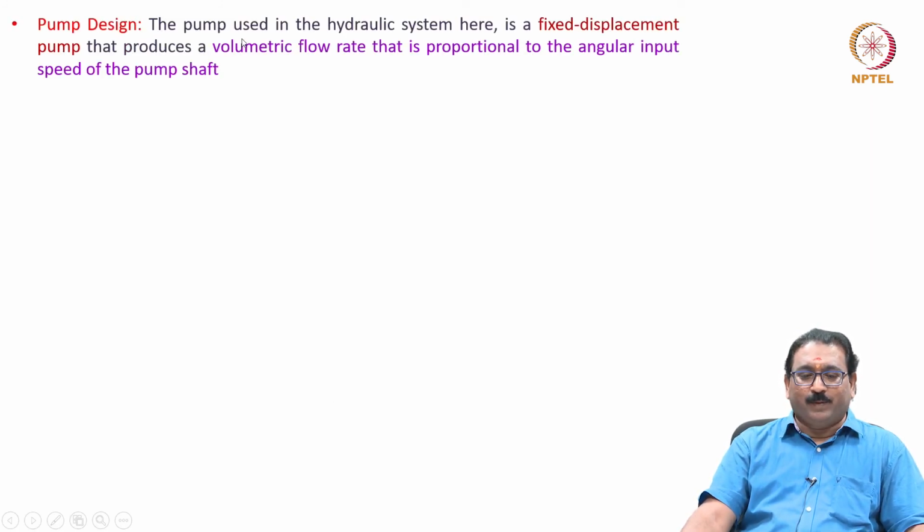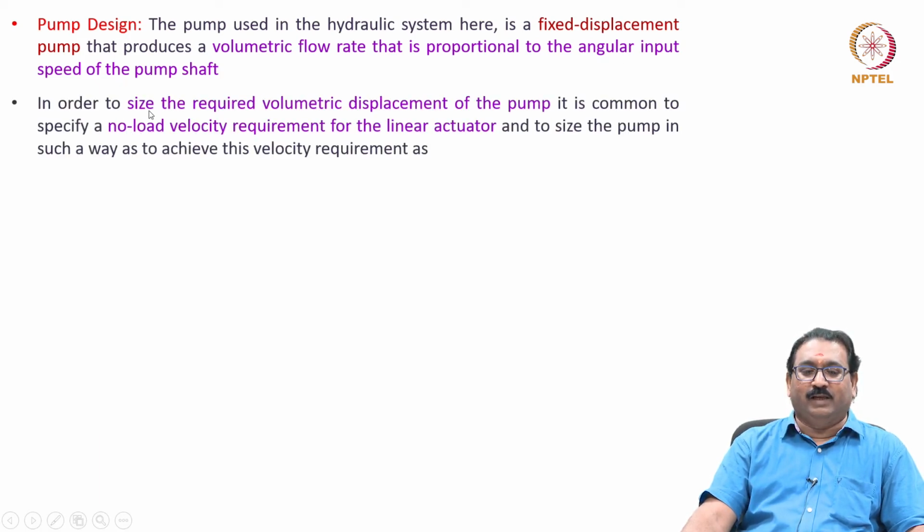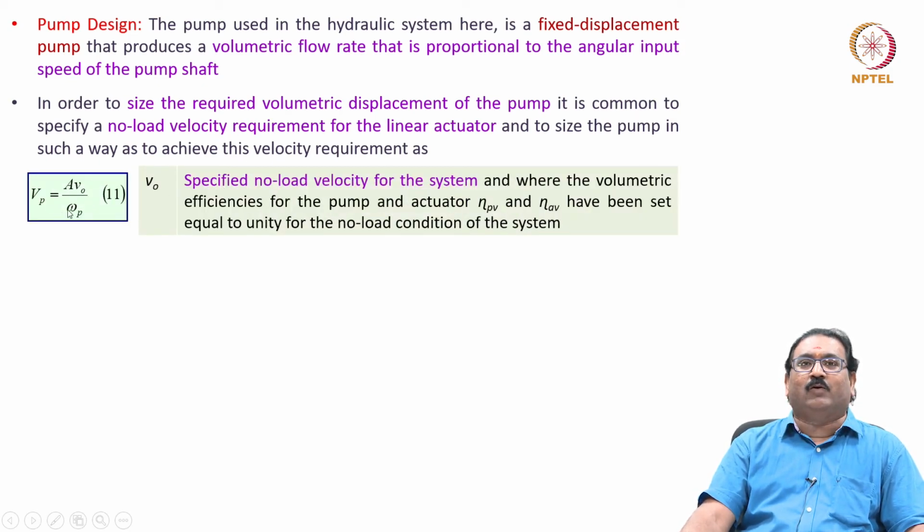The pump design. The pump used in the hydraulic system here is a fixed displacement pump that produces a volumetric flow rate proportional to the angular input speed of the pump shaft. In order to size the required volumetric displacement of the pump, it is common to specify a no load velocity requirement for the linear actuator and to size the pump in such a way as to achieve this velocity requirement as Vp equal to A V naught by omega p.